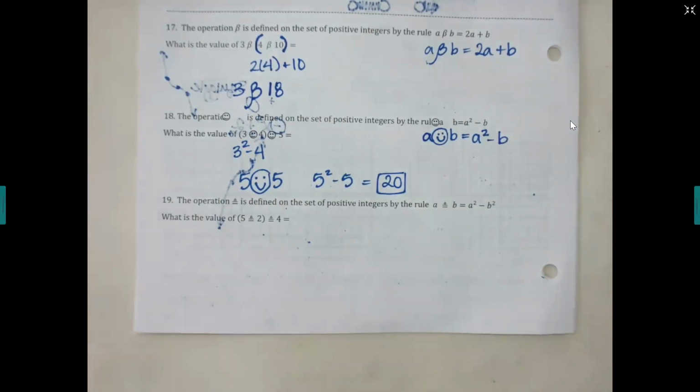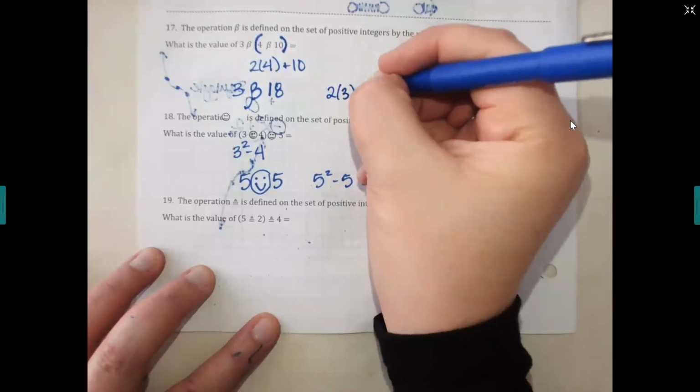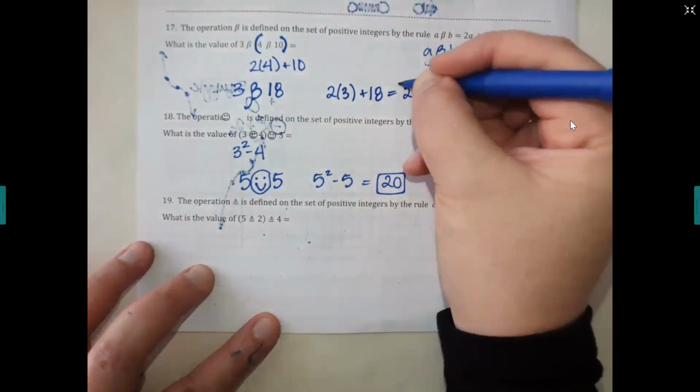And then remember, the one that comes in front still gets to be the A, the number that comes after still gets to be the B. So then I remember what B stands for. The awkward B means double the first number plus the second number. So then I'll do double 3 plus 18. And that'll give me 24.